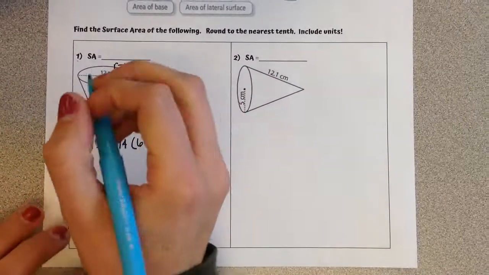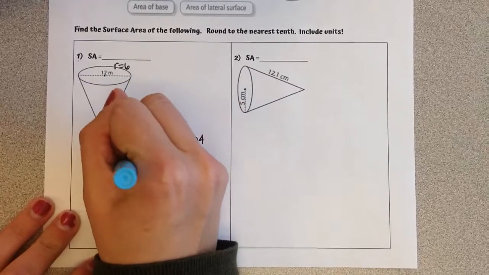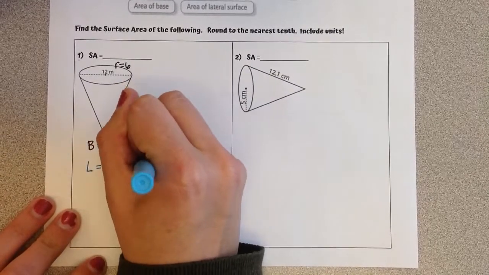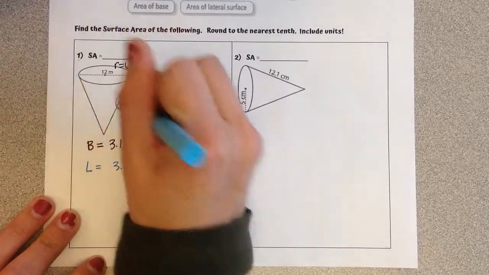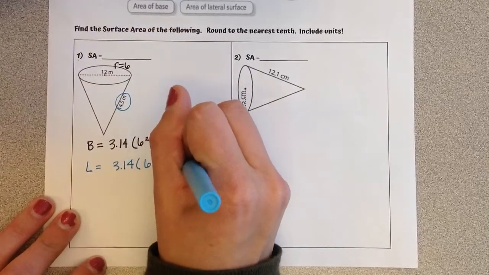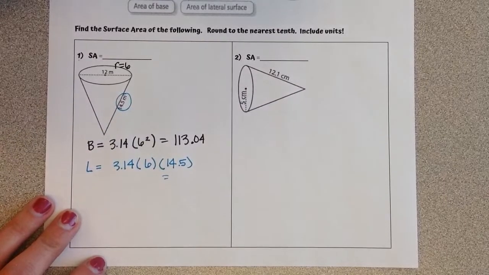Then I'm going to find my lateral surface area, which is pi times our radius of 6 times our slant height of 14.5.